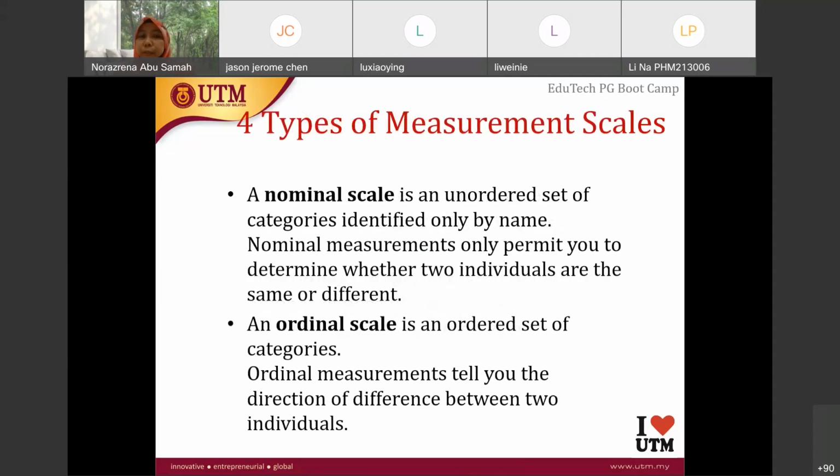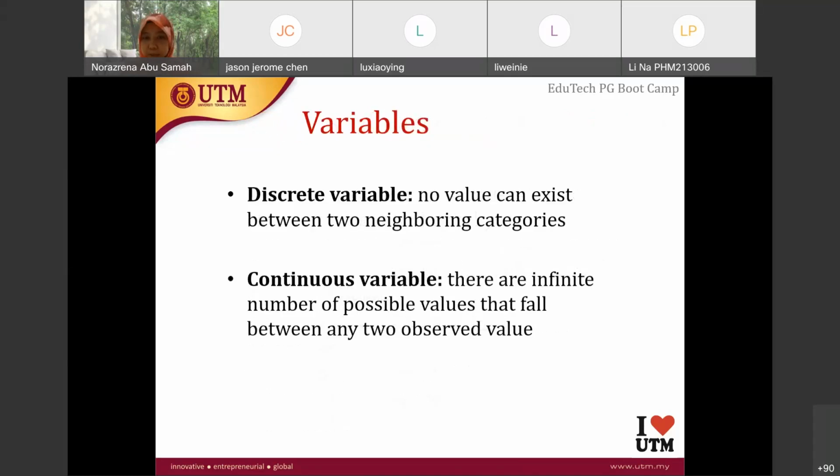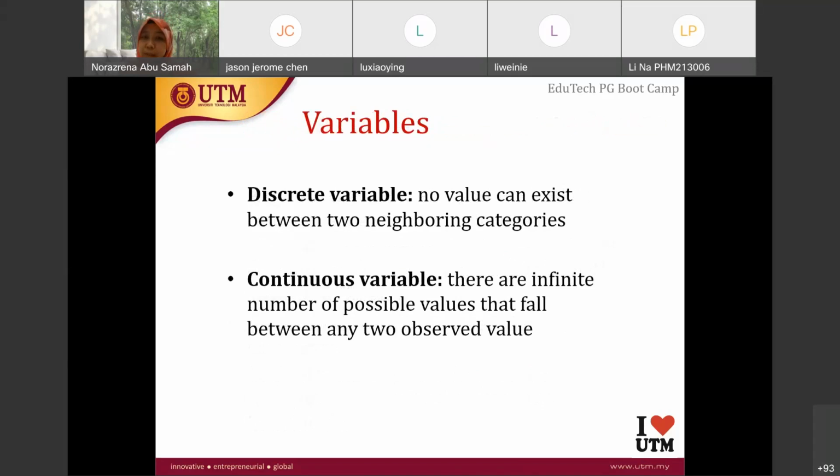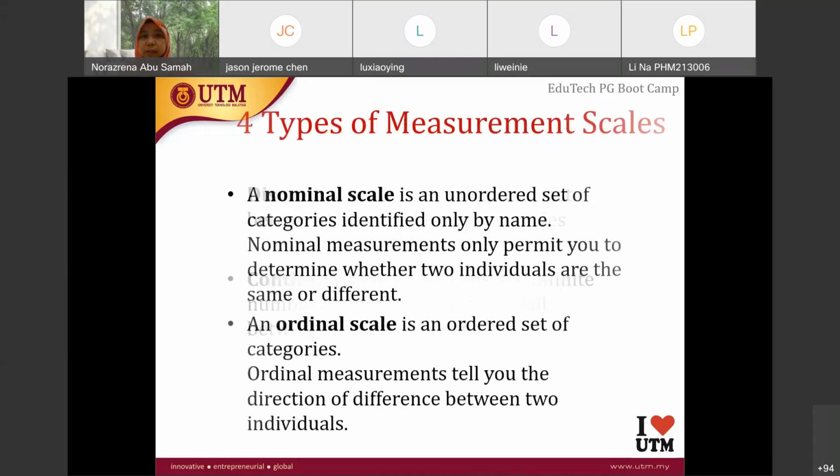Then there are four types of measurement scales. We have discrete and continuous, and then we have measurement scales. Nominal and ordinal are for discrete variables. A nominal scale is an unordered set of categories identified only by name.